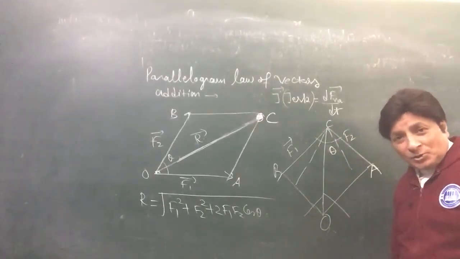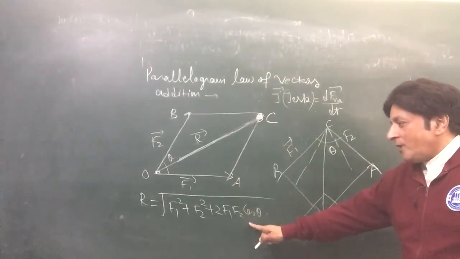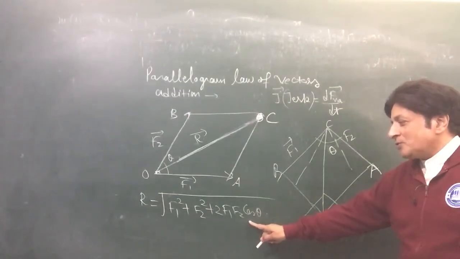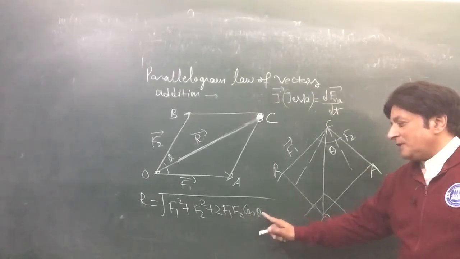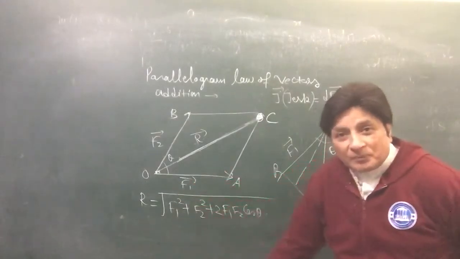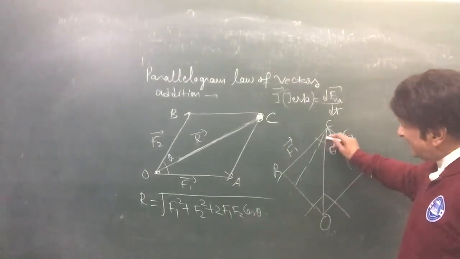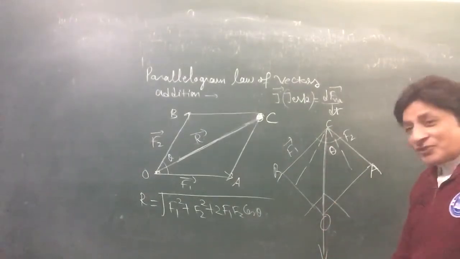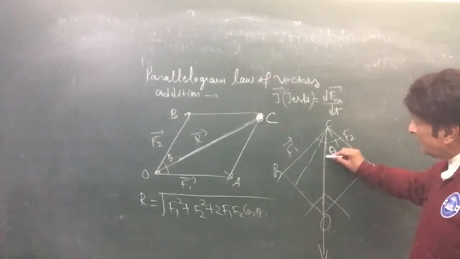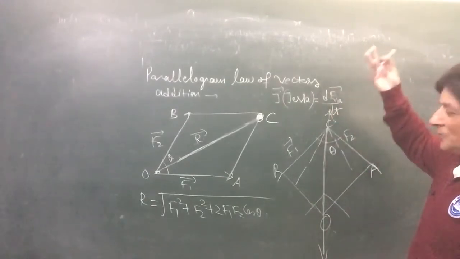When theta decreases, then F1 square plus F2 square plus 2F1F2 cos theta, the whole is increased, okay, and then there is a downward force acting, and to counter that, by the third law, it goes up.